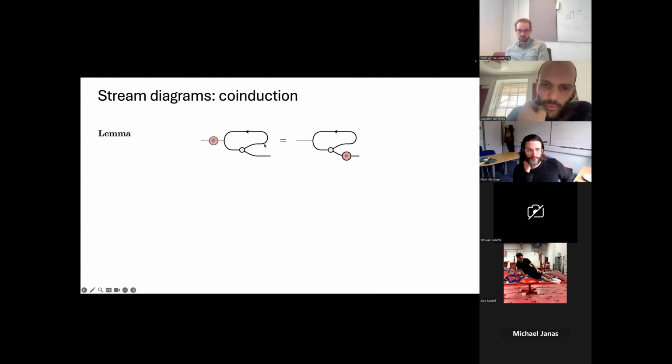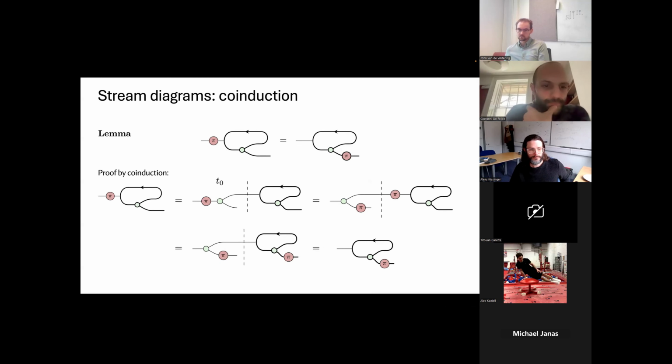So here we want to show that this emitter, if you first do a pi phase bit flip on the atom, is equivalent to flipping all the photons that it will emit in the future. So how do we prove this? We start with the diagram on the left, and then we apply the definition of the stream.